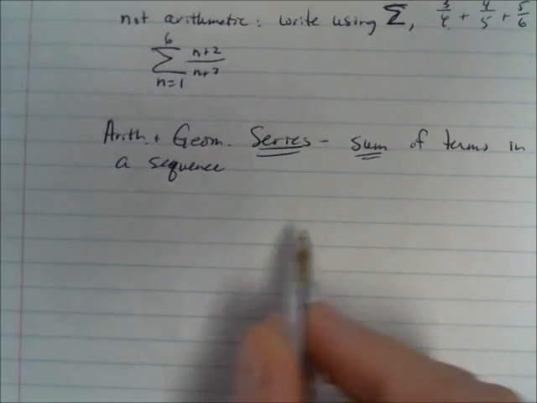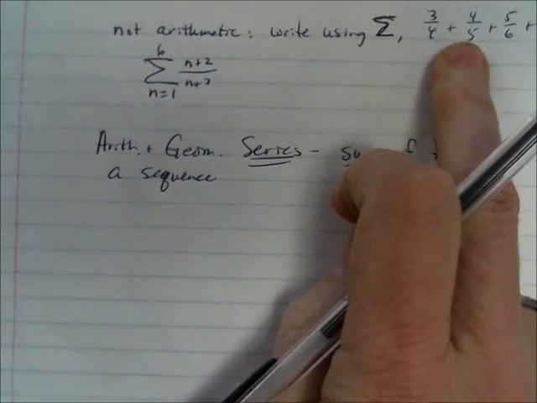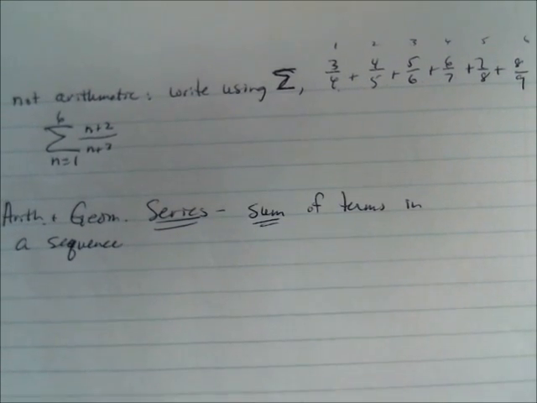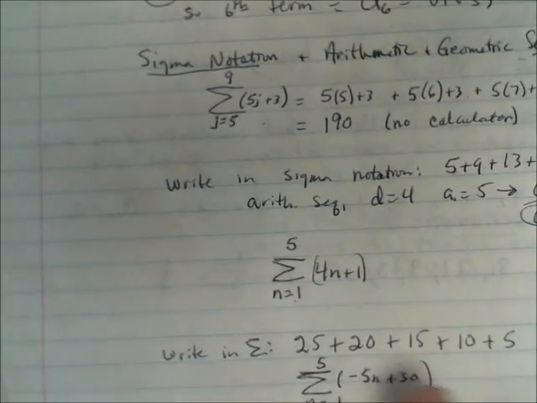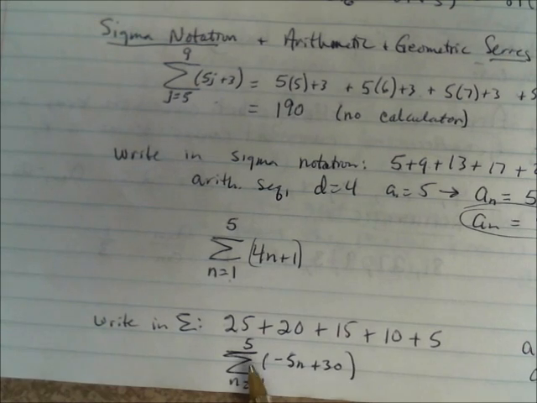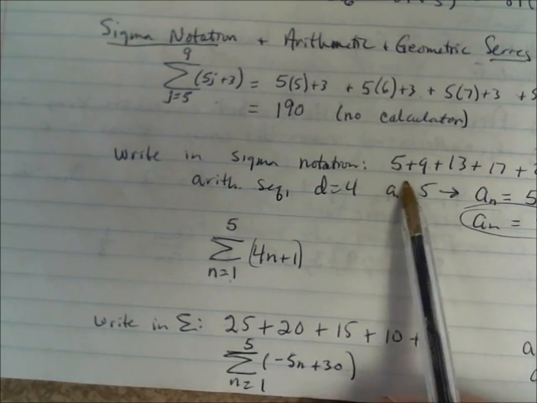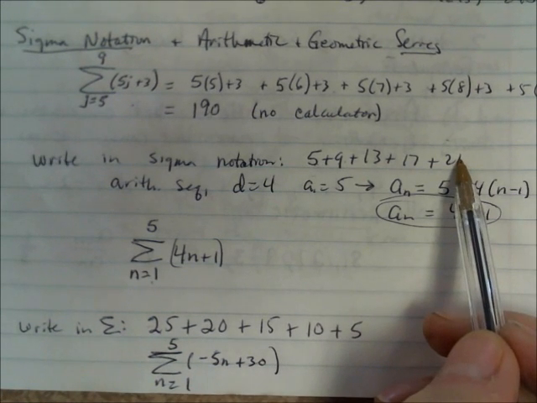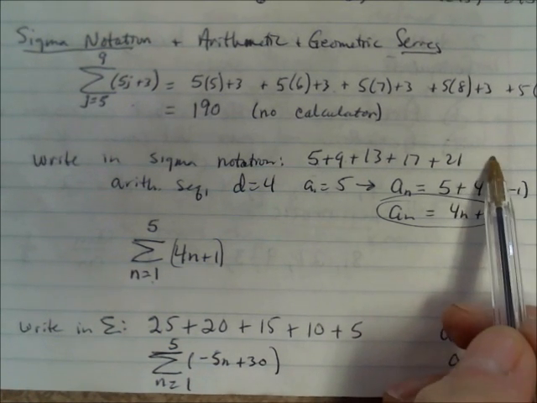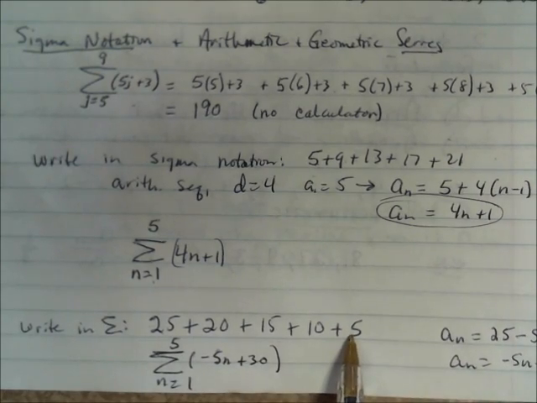So what we've really done in the previous examples, not the last one because that's not arithmetic or geometric, unless you consider the numerator and denominator each independently, you can look at these other examples here. This is really called an arithmetic series because you're adding the sequence of numbers together. So here's a series, and here's another arithmetic series. A series is just a sum, like I said, of terms of a sequence.